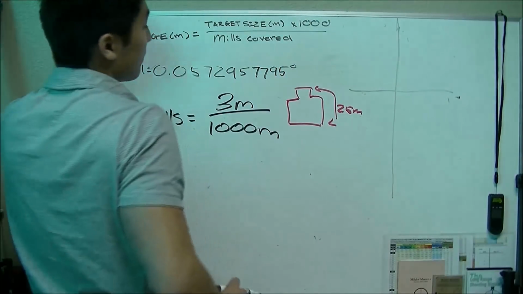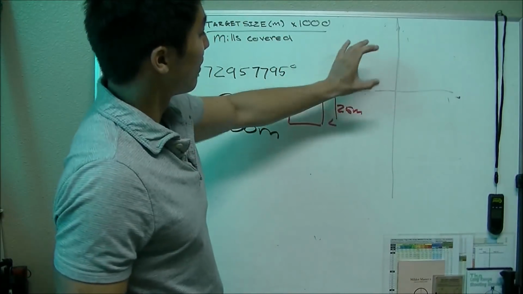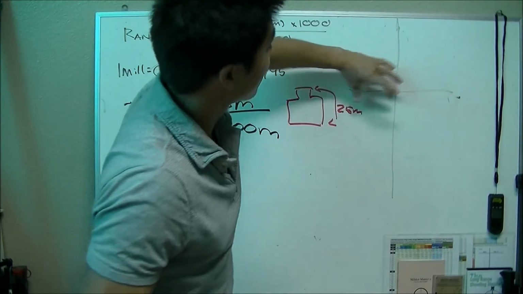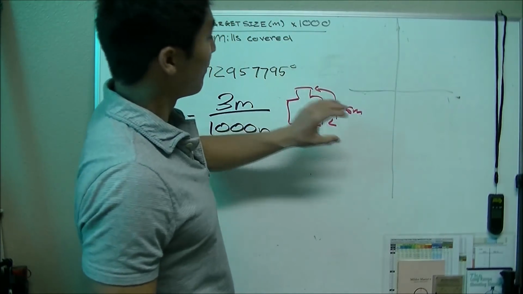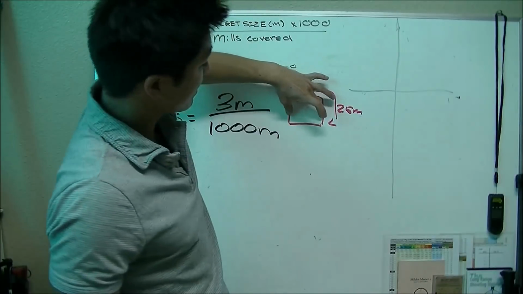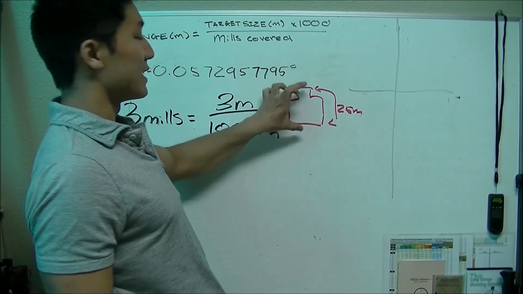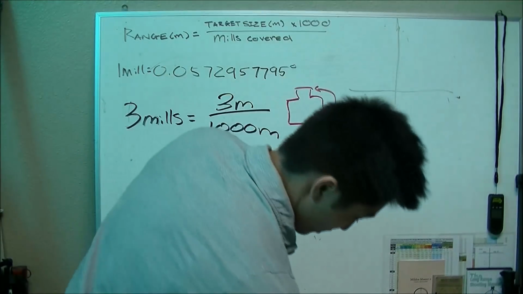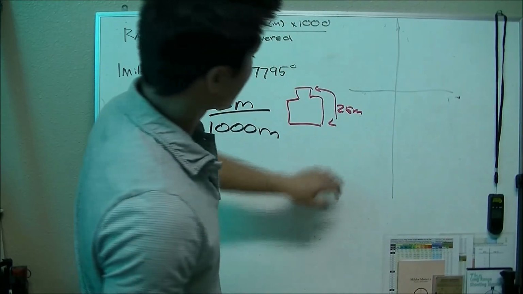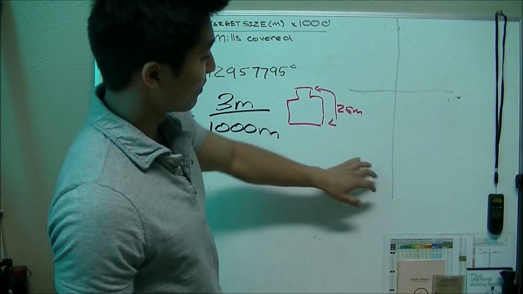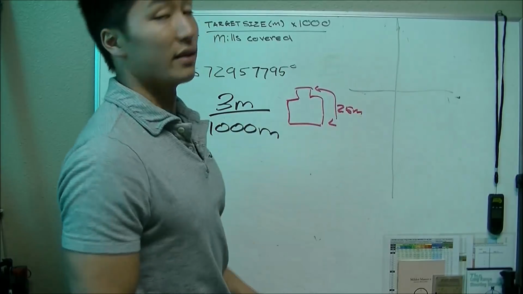Okay. And then always remember that you could find the mils from this side or that side. Just make sure, if you're going to do it on this side, you get this length here rather than this length here. But in this case, I like to measure it from the bottom up. That's just me.